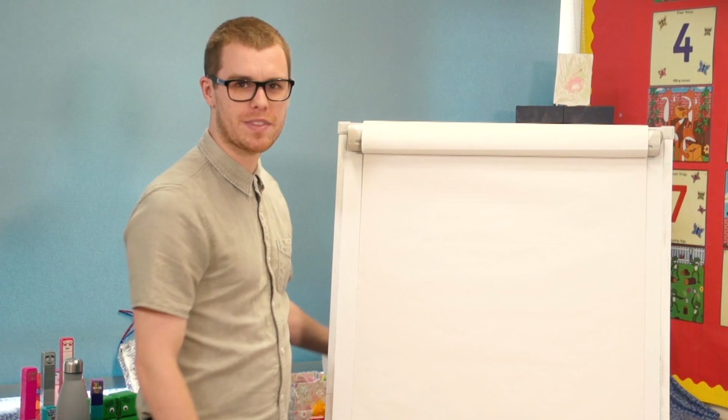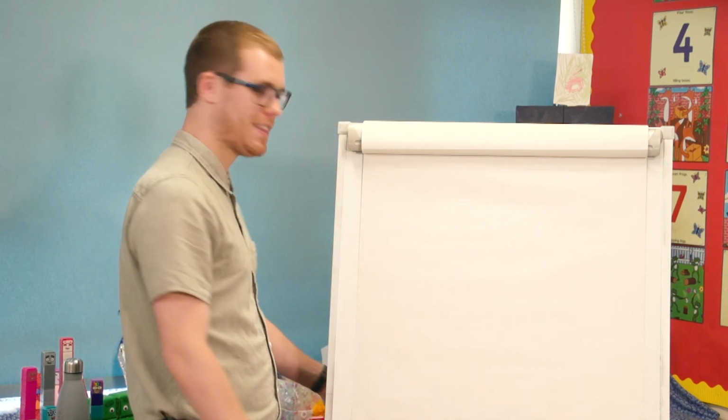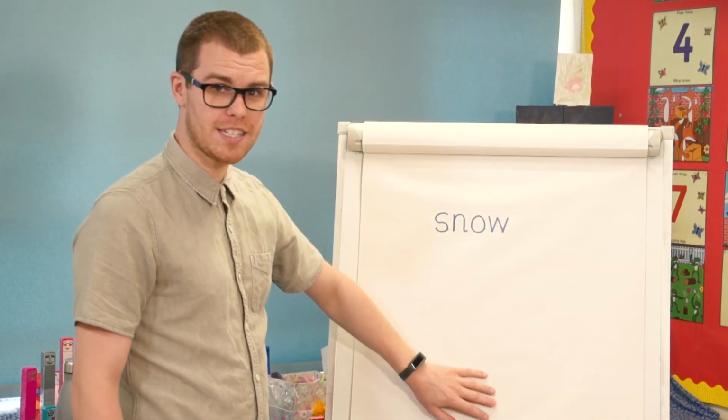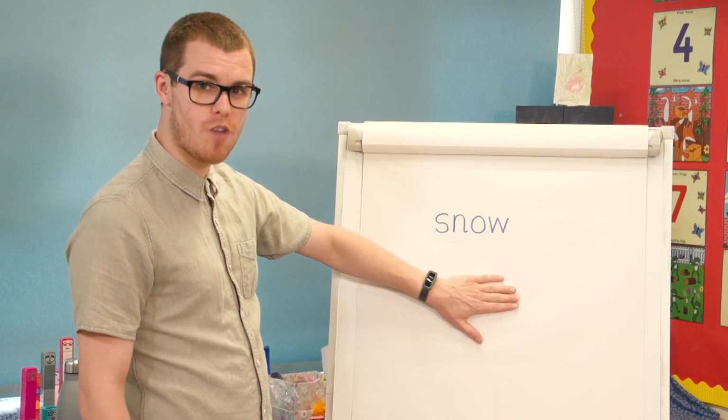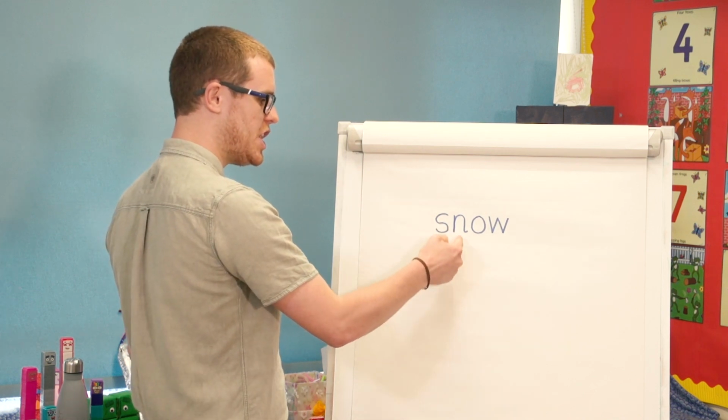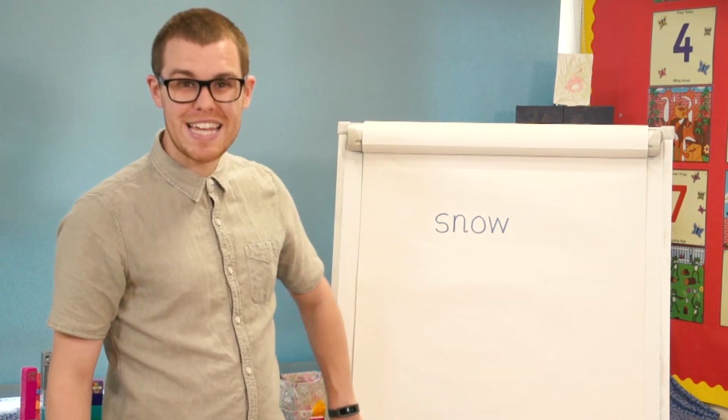Now it's your turn. Say the word. Say the sounds. Write them down. Where is O? Let's check our spelling. Did you get it right? Did you put the sound O in the right place? Snow. S-N-O. 3 sounds.